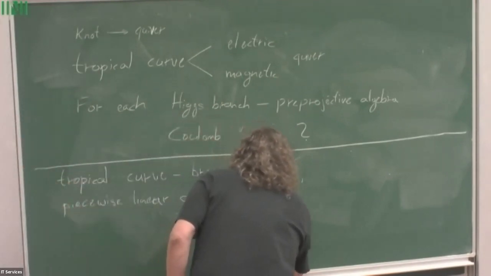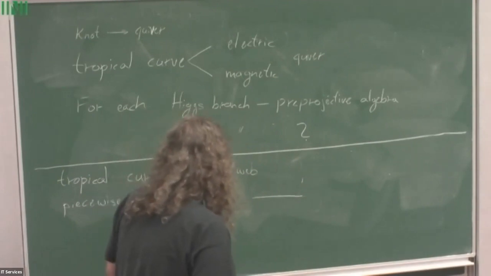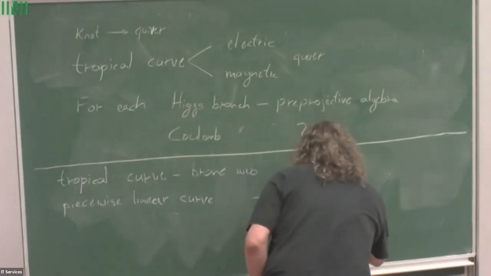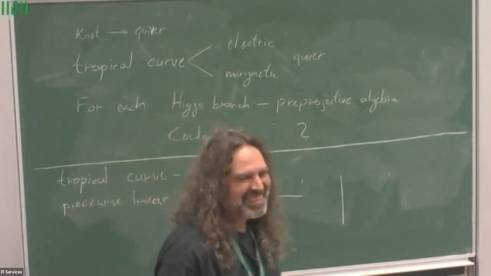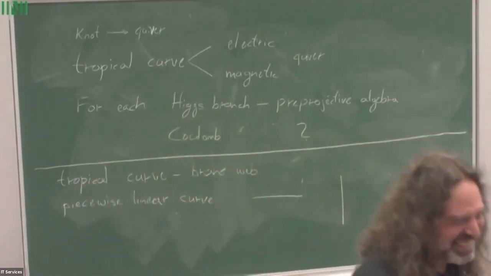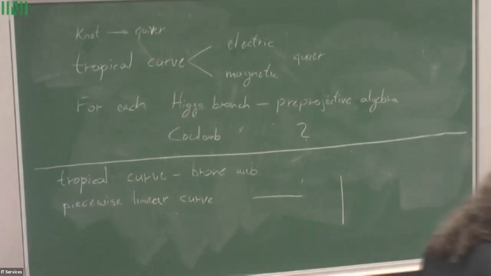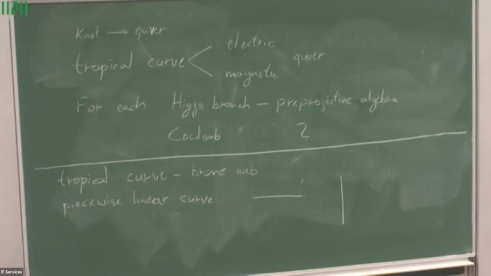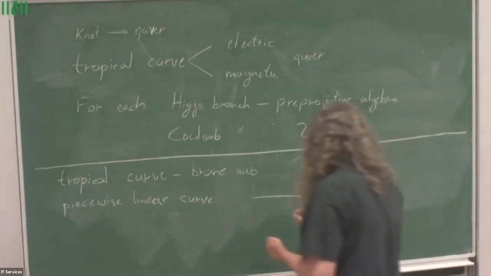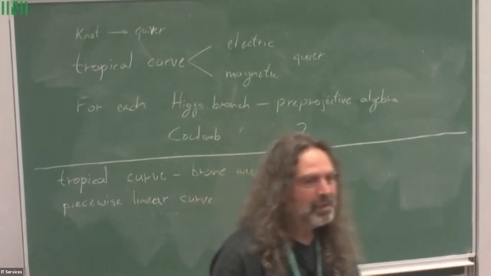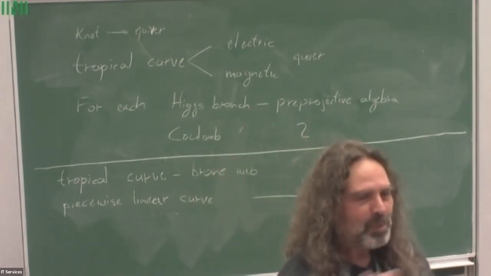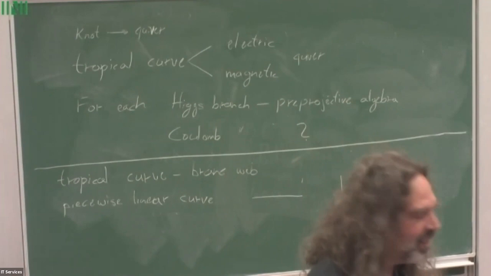So here's one example, and here is another. We are going to draw them on a two-dimensional space, R2, and we're going to assign two integer numbers, which will measure the slope of this curve in R2, right?